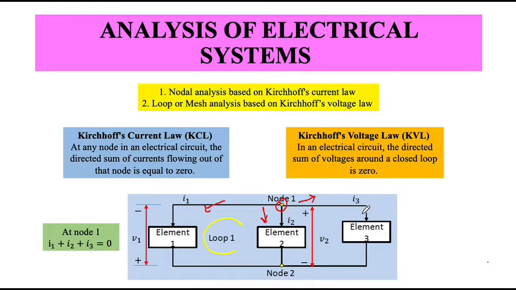If I look at loop 1, I can say V1 plus V2 is equal to 0. If you see the signs, if I am traveling this way, this is positive, this is negative. Again, traveling this way, this is positive, negative. So this is a voltage drop, then again a voltage drop, which equals 0. So around the loop, the sum of voltages is 0.